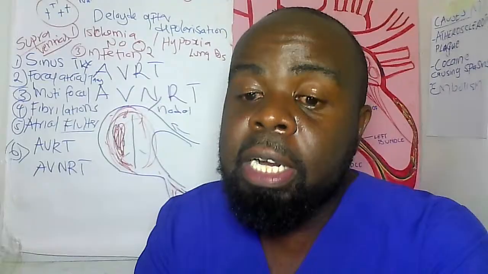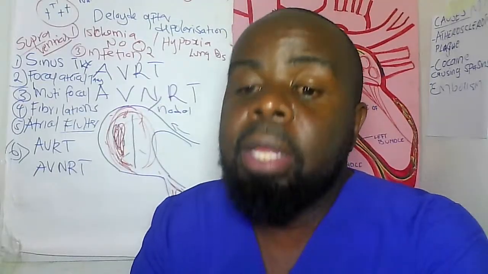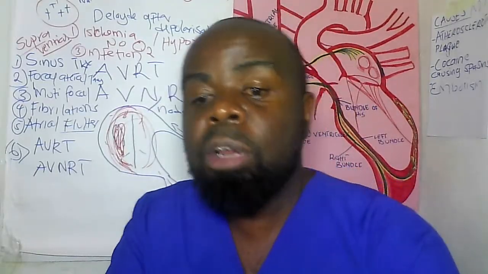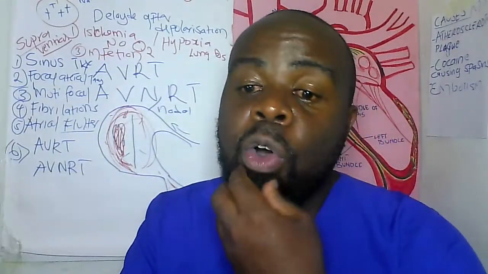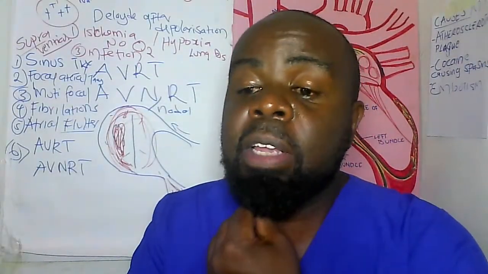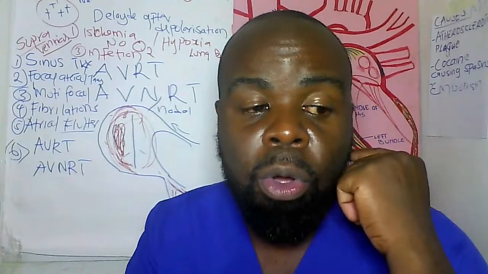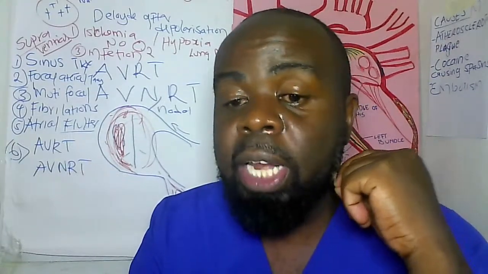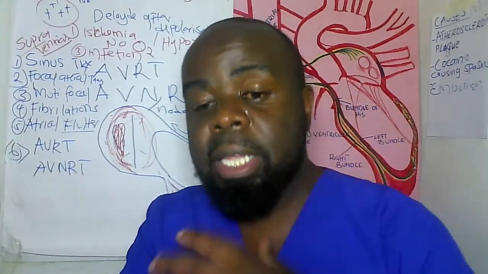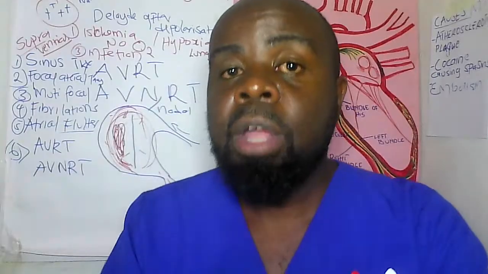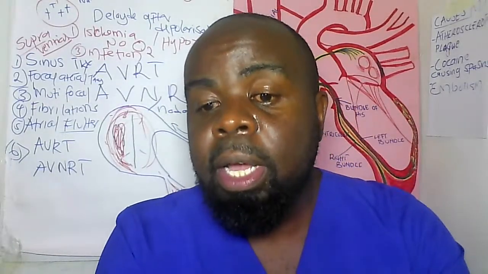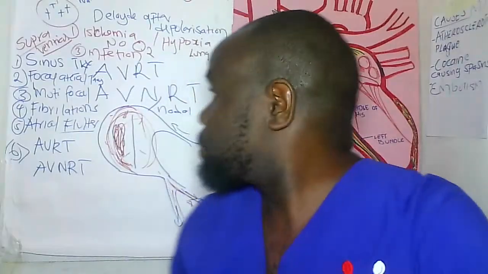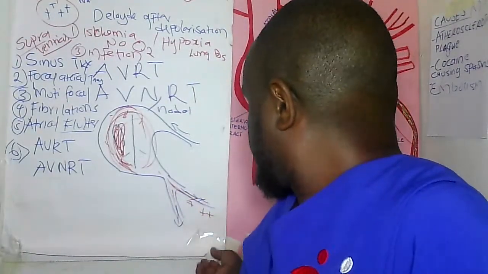Sometimes you can take alcohol and coffee. What does alcohol do when you take it? It makes your nervous system slow, but it destroys your electrolytes. Electrolytes are filtered in the kidney. So when they destroy your electrolytes, and you have seen electrolytes when it comes to tachycardia, let me open here.